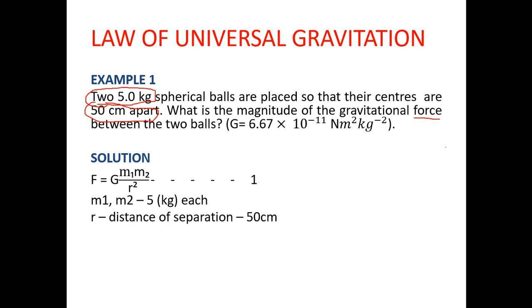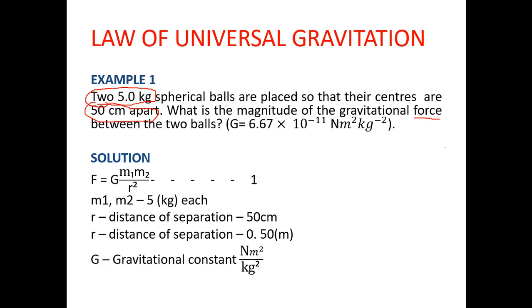So we are going to convert from centimeter to meter by dividing by 100. When we do that, we get 0.50 meters, or you can say 0.5 meters. This one is a constant, G. The value of G is given in this case. In a situation whereby G is not given, you should be able to recall it.